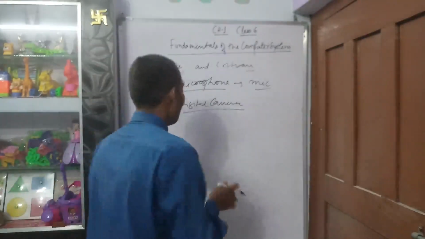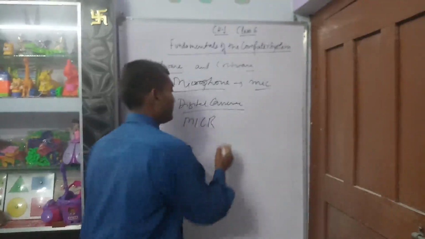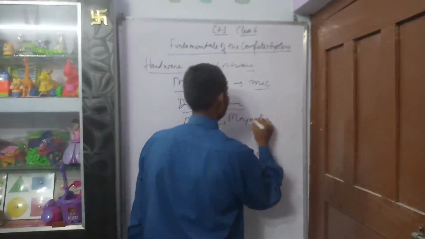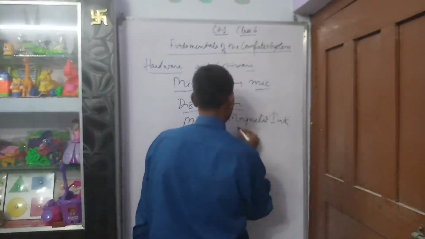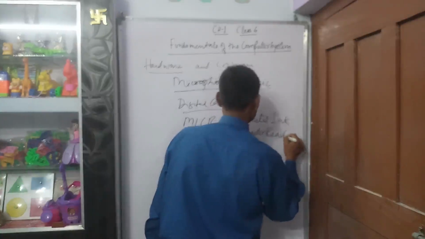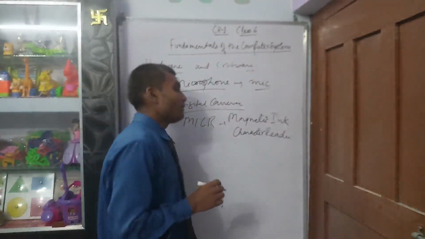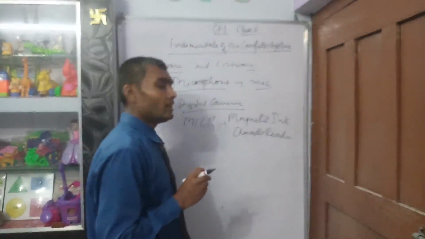Next is the MICR, that is the magnetic ink character reader. This magnetic ink is used mainly in the banking area.